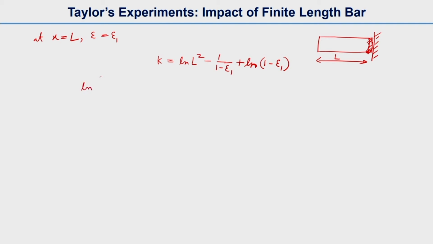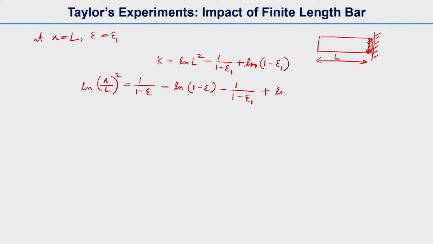So we will end up with ln of (x by L) whole thing squared, equal to the expression in terms of 1 minus epsilon, with the constant of integration involving 1 minus epsilon 1.